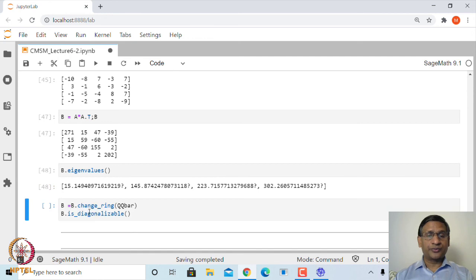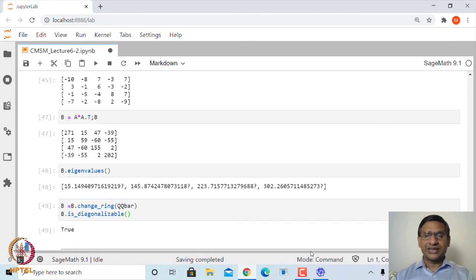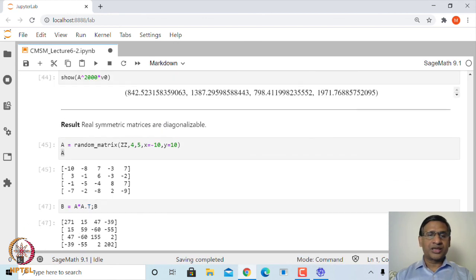So, now let us look at whether B is diagonalizable or not. Let us change the ring of B, the underlying field from which the entries are taken, to QQ bar, the extended rational field, and then check whether B is diagonalizable. The answer is true, and you can do this with any matrix.